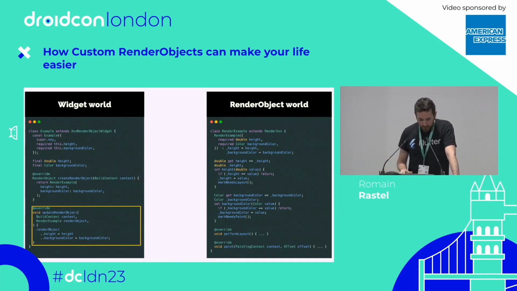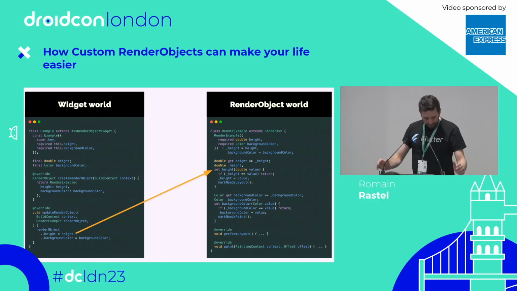And we have the updateRenderObject method, also called by the framework when it detects a new instance of the same widget, same class of widget. In that case, Flutter will call that method with the same render object instance, but with the new values held by the new widget.